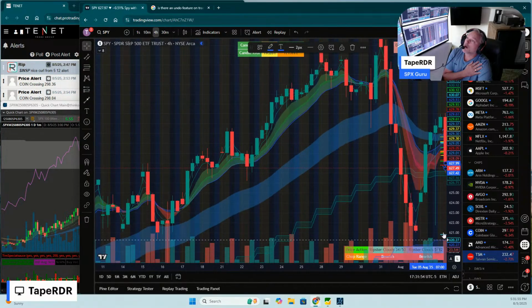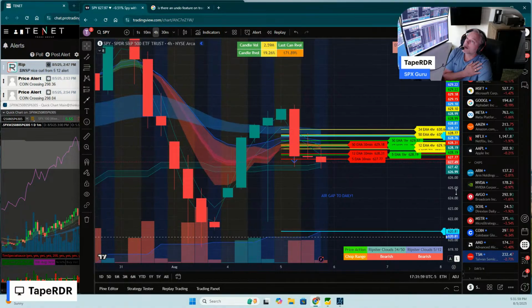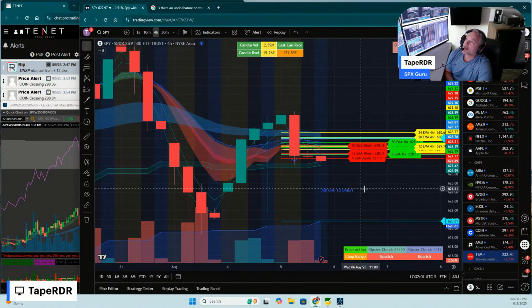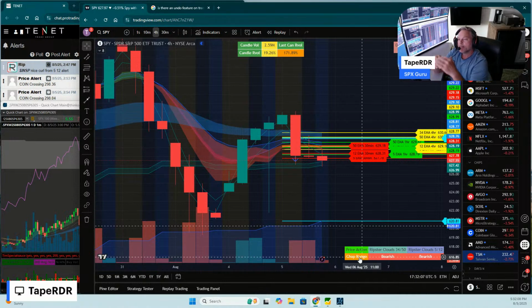This is going to be a 4-hour chart, but an air gap is the space that exists from one set of EMAs to another one. These get exponentially bigger the higher the time value is on the EMA.